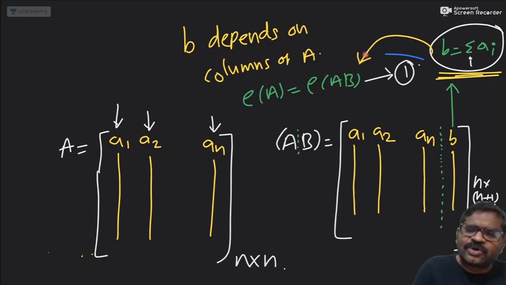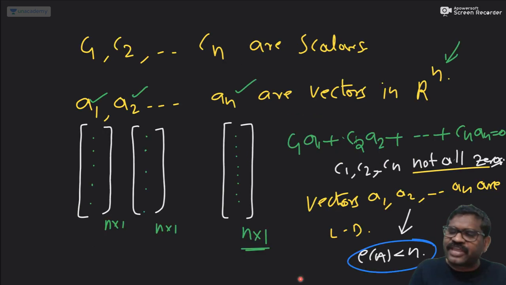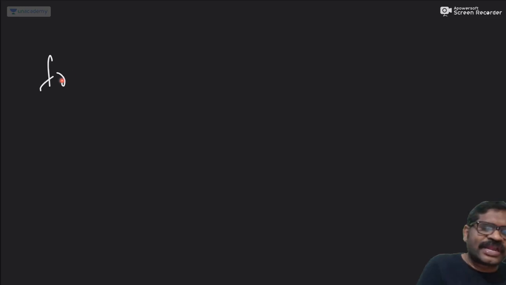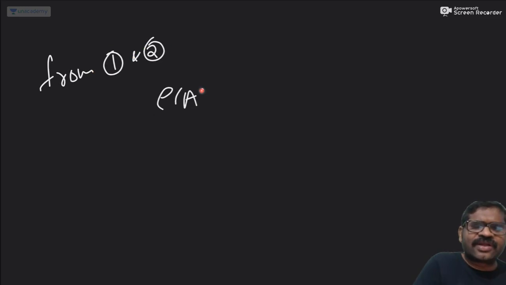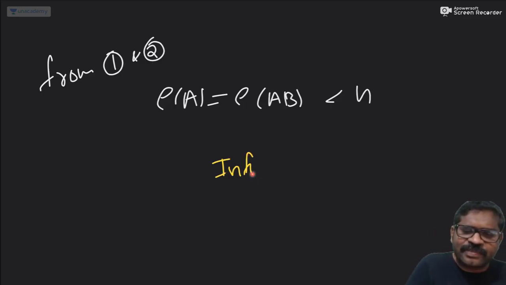Rank of A equal to rank of [A|B] is another equation. From 1 and 2, you can write rank of A equal to rank of [A|B] less than number of variables. Therefore, infinitely many solutions.